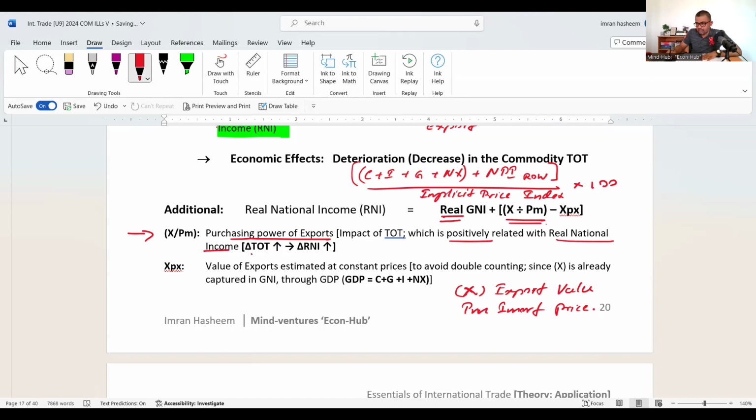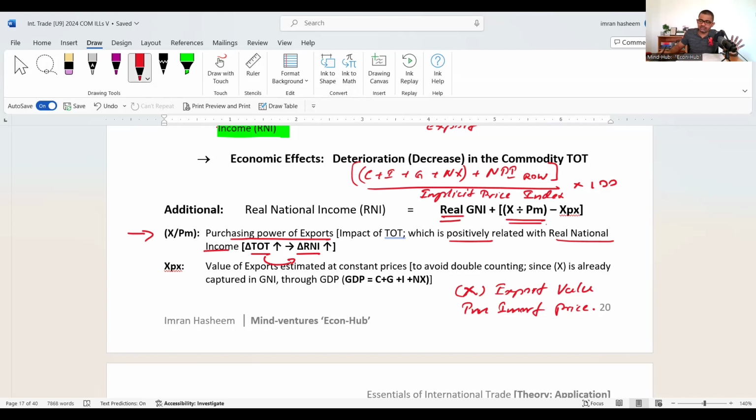When terms of trade improves, real national income increases, because the X divided by PM component we add increases. So when you add a higher impact of terms of trade component, the total answer increases. If terms of trade deteriorates, the impact of terms of trade is unfavorable or becomes negative, so the real national income decreases. That's the idea.